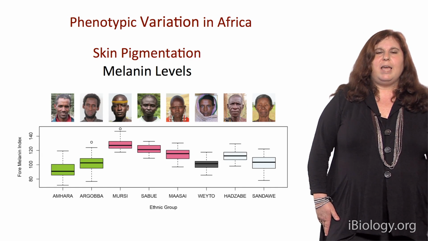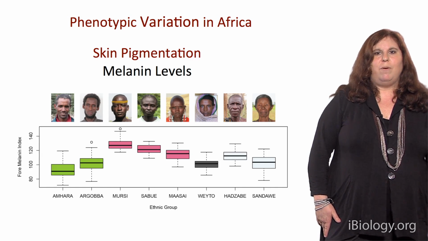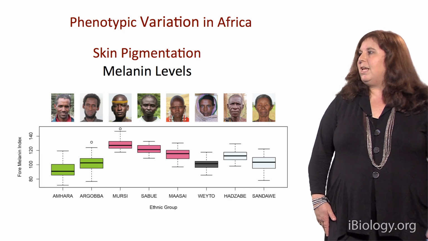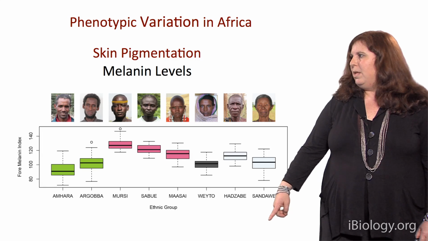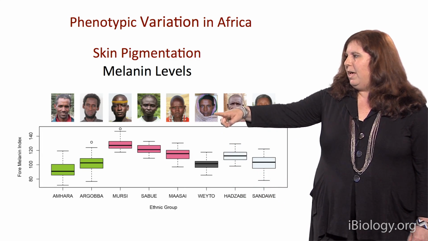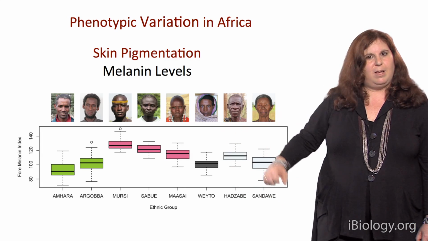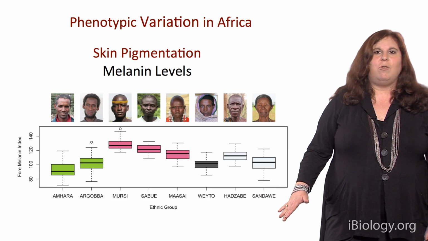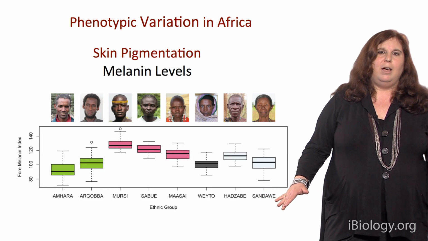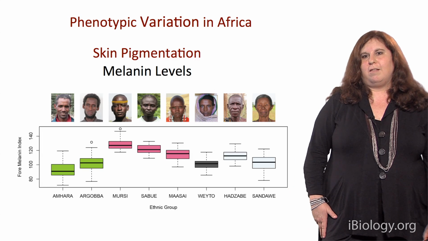So I want to start by talking about some of the phenotypic variation that we see in Africa. This is an example of skin melanin levels or skin pigmentation. So the higher the value here, the darker the skin color. And I want to just make the point that we see a lot of variation in skin pigmentation levels across diverse Africans.